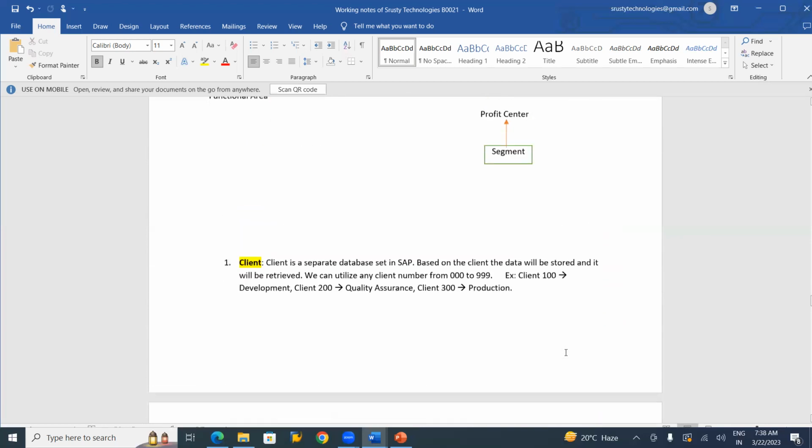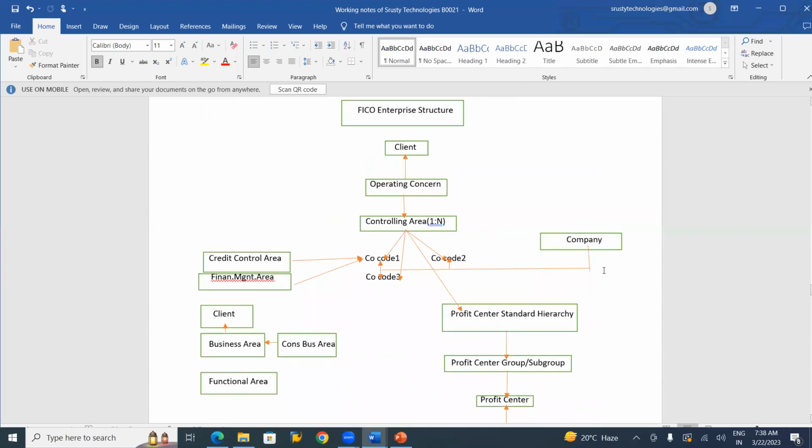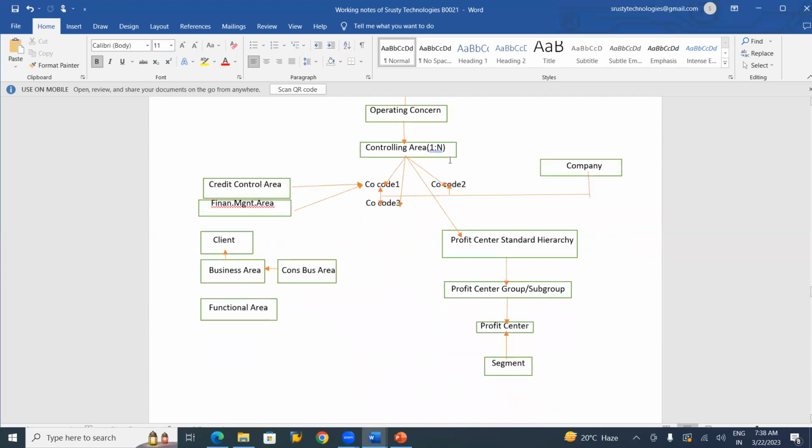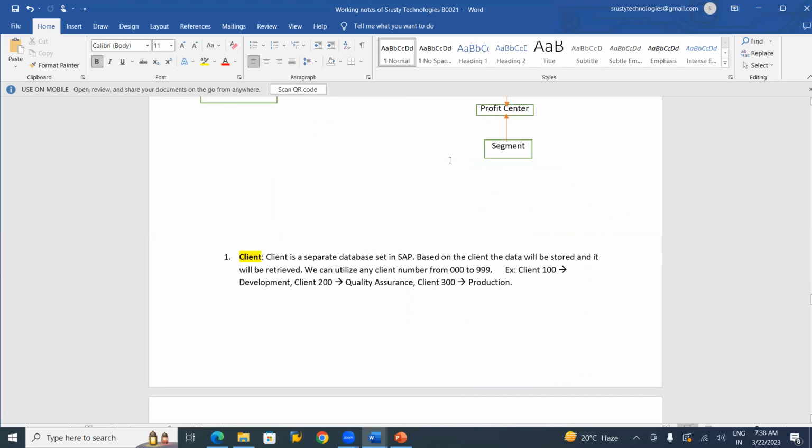First, write down in this structure. The first one starts with client. Already we discussed what a client is, but still write down client. Why am I insisting? I can share this document with you, but at least we can have a discussion while writing, and it should be there in your notes also.